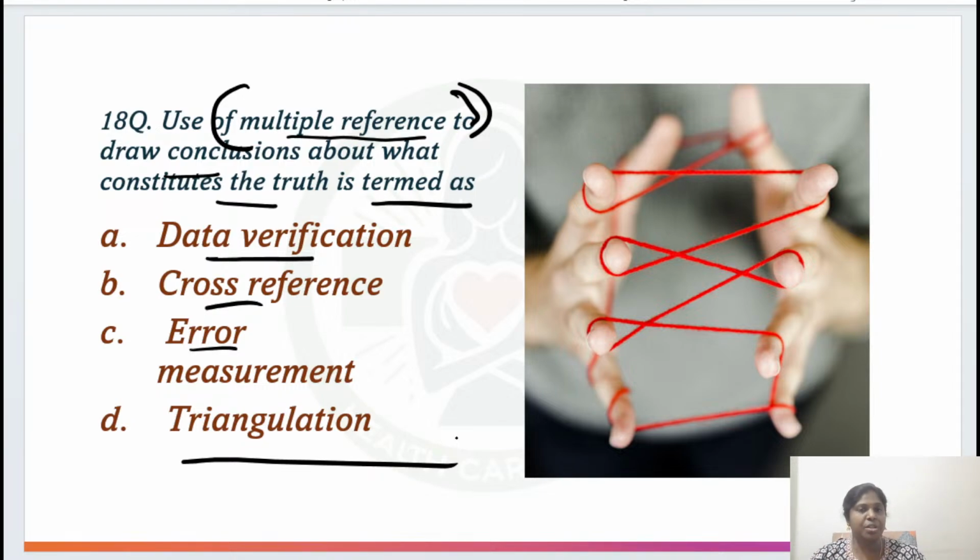To come to the conclusion of our research study, we will take the multiple references here, and to draw the conclusions, to constitute the truth, we will do what? Whether it is data verification, cross reference, error measurement or triangulation.